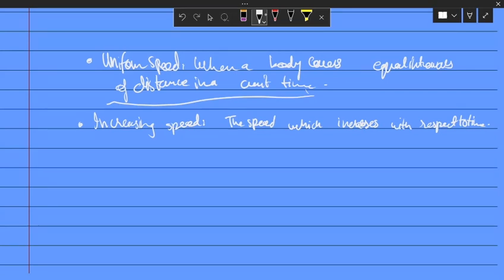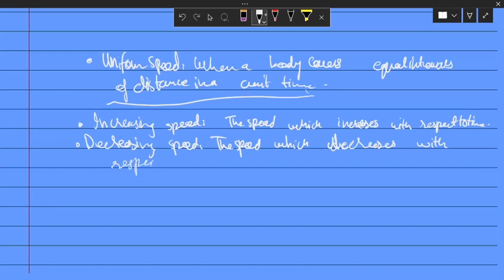Okay, and what is decreasing speed? It will be the opposite. Decreasing speed means the speed which decreases with respect to time. So this is known as decreasing speed.